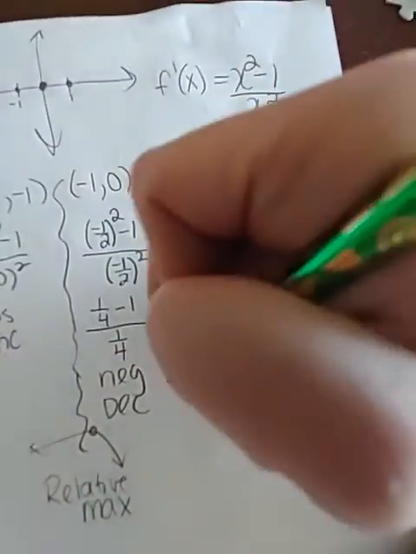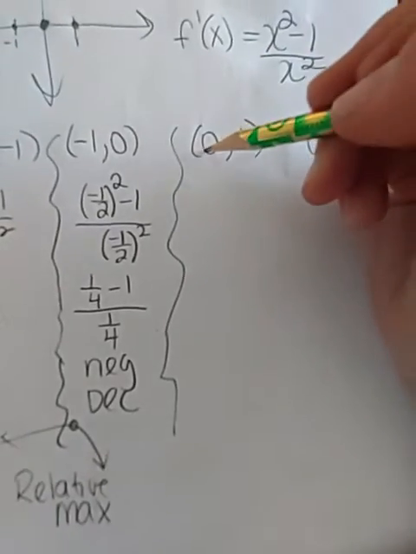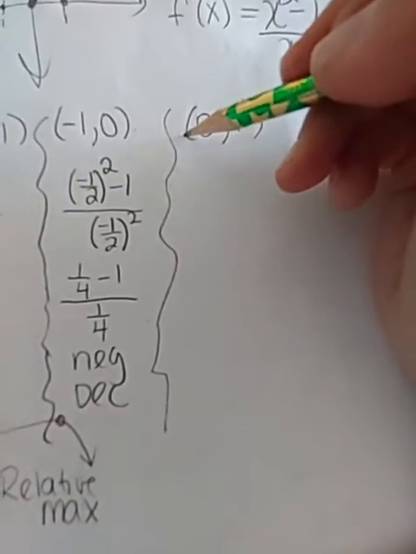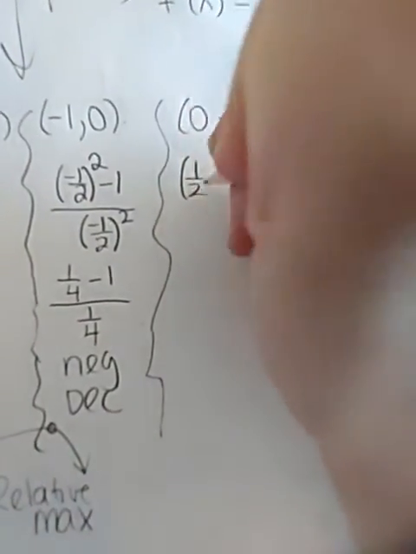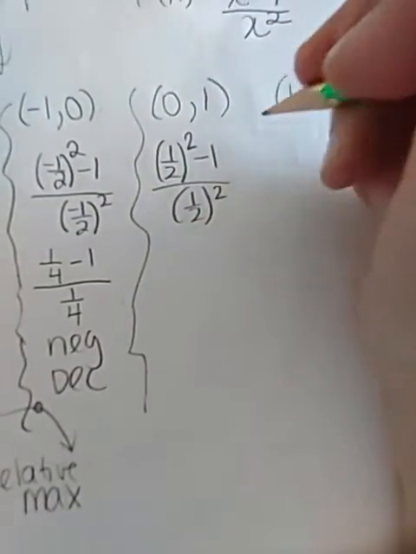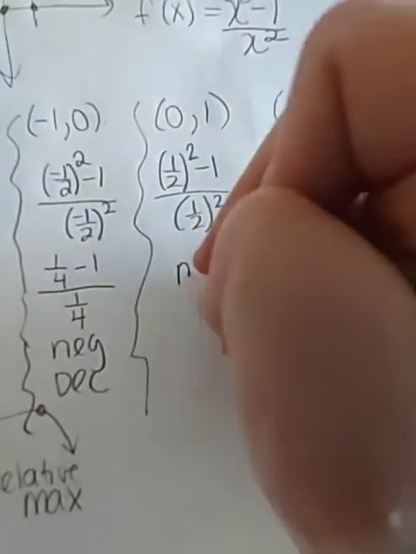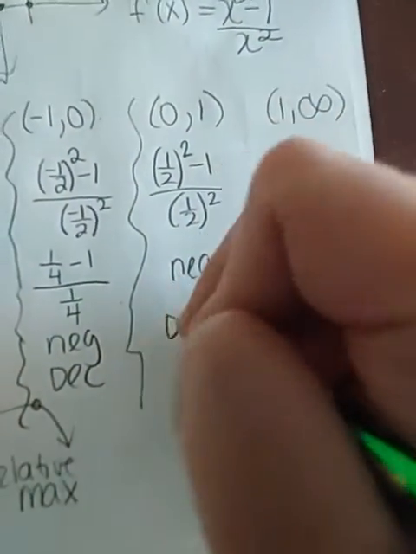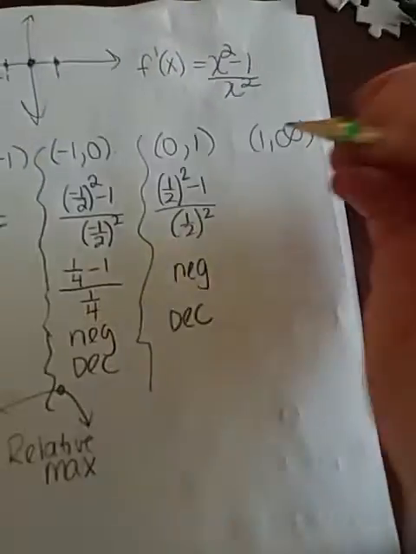All right, next. Remember, 0 was my undefined value, so I'm not going to have a relative minimum or maximum there, but I do want to know the behavior of the graph. So 1/2 squared minus 1 over 1/2 squared. So we have 1/4 minus 1, so that's negative over positive, which means the whole thing is negative, which means my graph is decreasing.